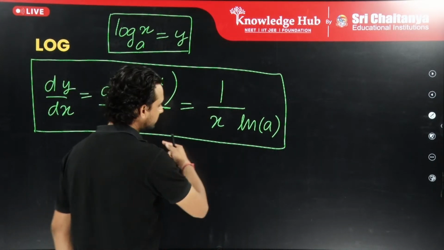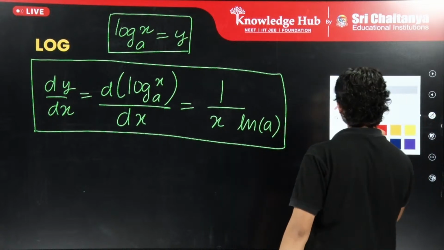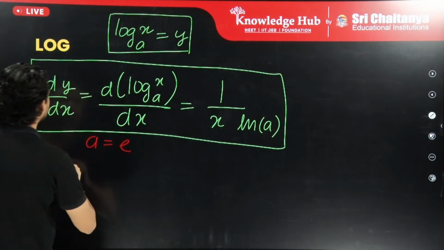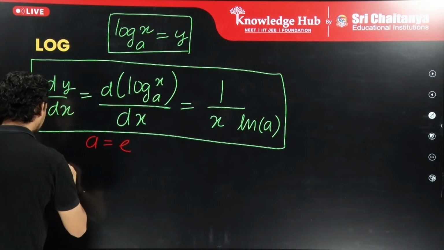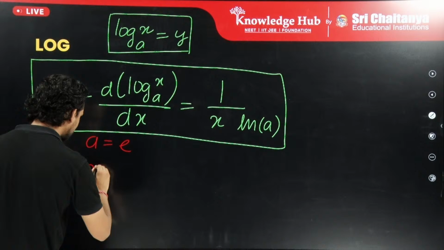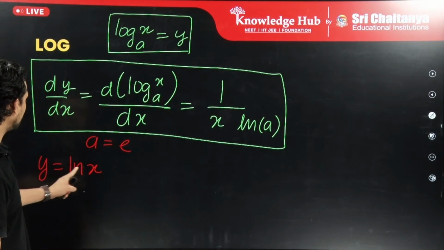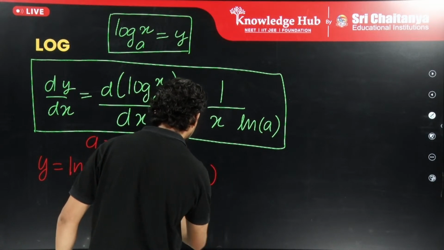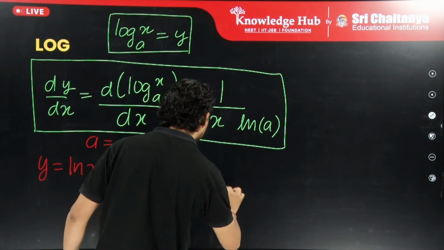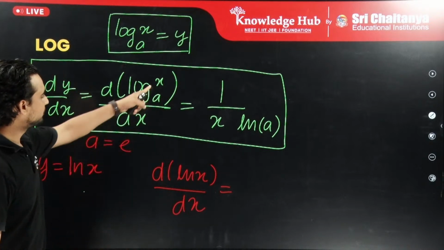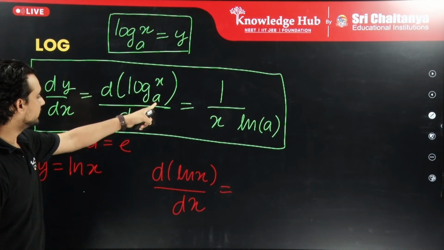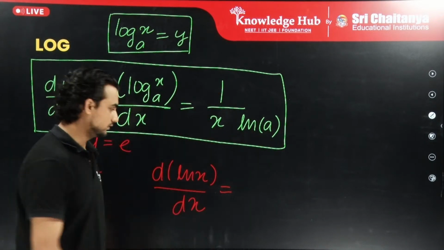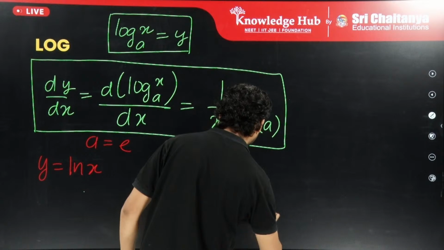Now, in this case, if I substitute a equals e, I get y equals ln x. So differentiation of ln x with respect to x, putting a equals e, I'll get 1 upon x ln e, and ln e is 1. So I get differentiation of ln x is 1 upon x.